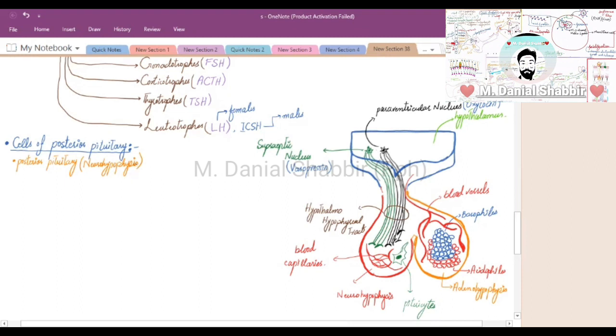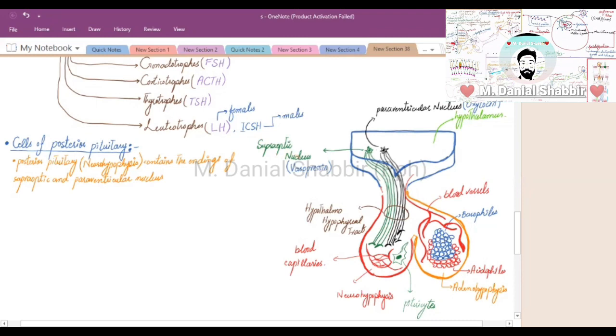The posterior pituitary or the neurohypophysis contains the endings of supraoptic and paraventricular nucleus. As you can see here in this diagram, this green color star-shaped nucleus, which I have shown with this green, is the supraoptic nucleus, right?